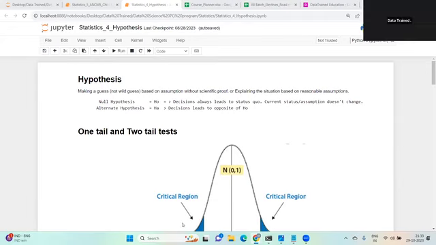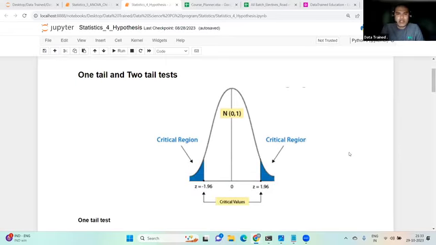Sorry about that. We started discussing hypothesis and types of hypothesis, and different types of tests we are going to discuss going forward: a one-tail test and a two-tail test. Theoretically, we discussed how we can conduct any test, right?